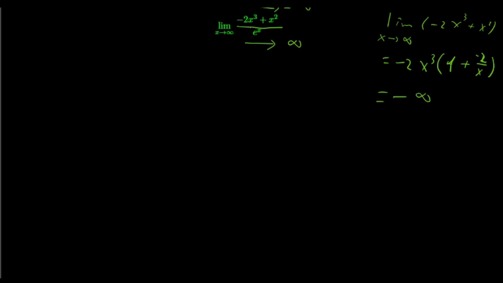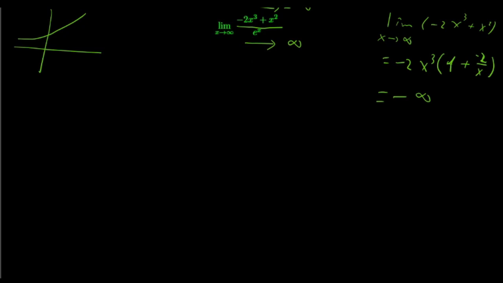Now let's recall the graph of the exponential function. I think it's something like this, right? In any case, the limit of the denominator is also infinity. Again, use notations like this to indicate you have verified the condition.